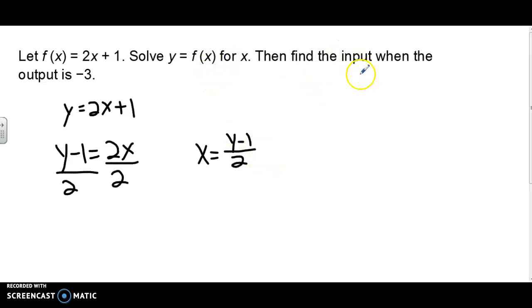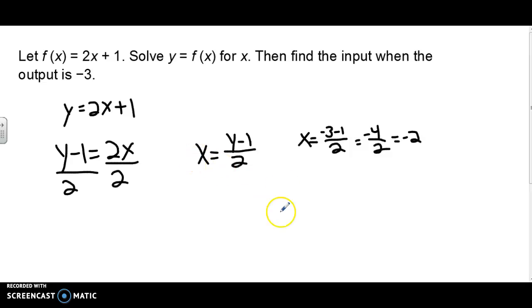Now it says find the input when the output is negative 3. In this case, the output is still y, so we make y negative 3. So x equals (negative 3 minus 1) over 2, which is negative 4 divided by 2, which is negative 2. So then we've answered both questions.